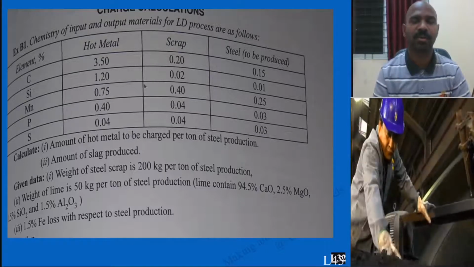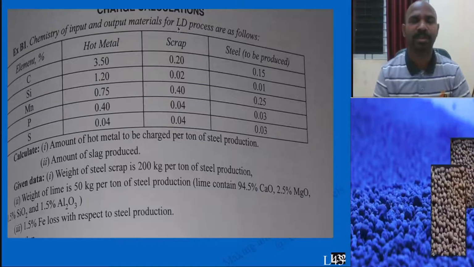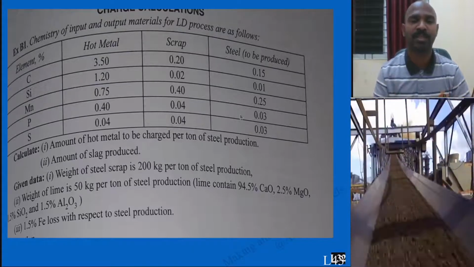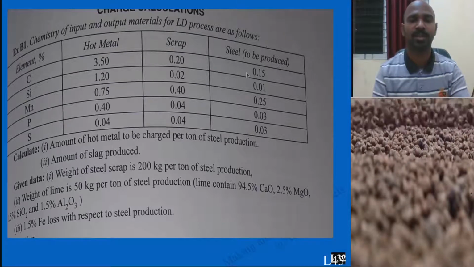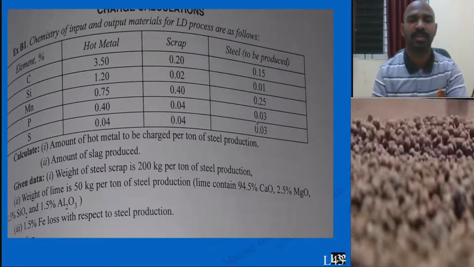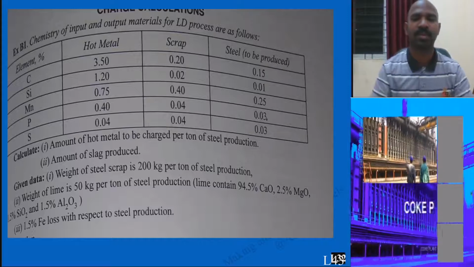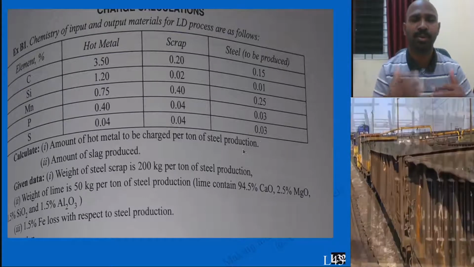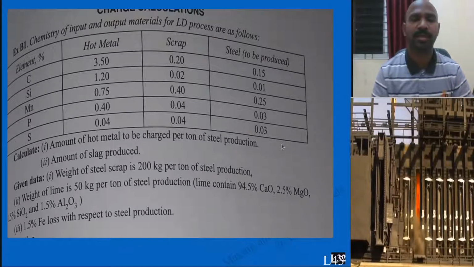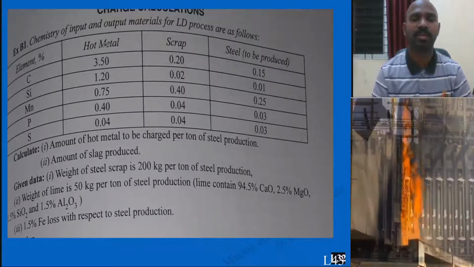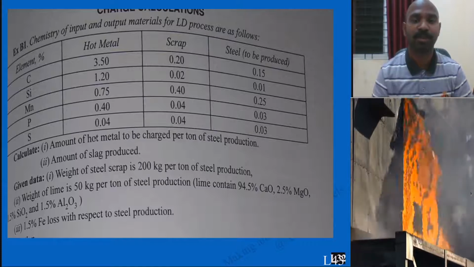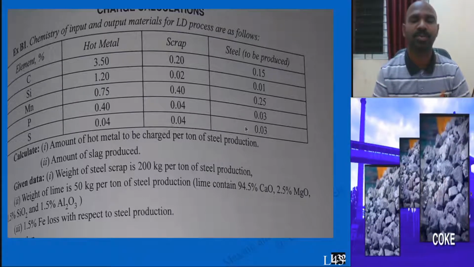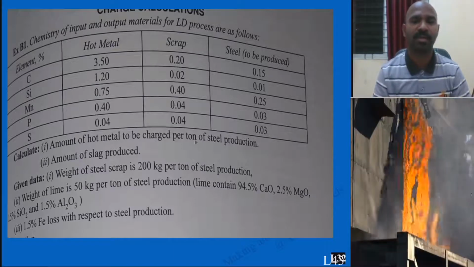This combination is followed for the LD steelmaking process, and this is the output, the steel produced from the LD process: carbon to sulfur. When you sum up all these and subtract from 100, the rest is iron. Similarly for scrap, similarly in hot metal. So you can write down iron, the rest is iron, in the solution, as the first step.